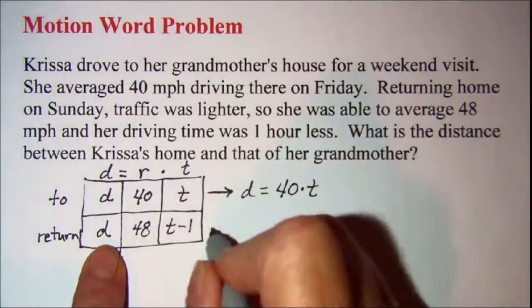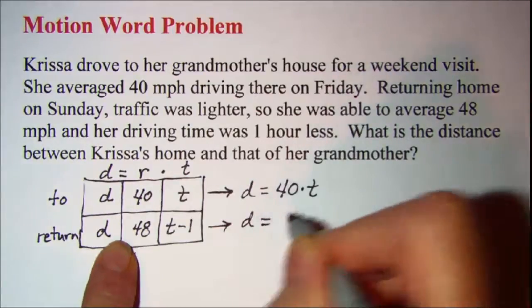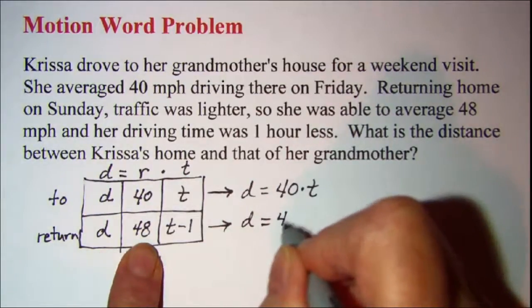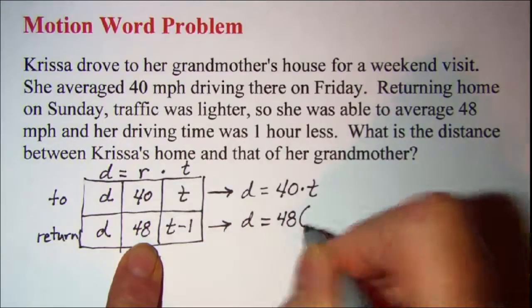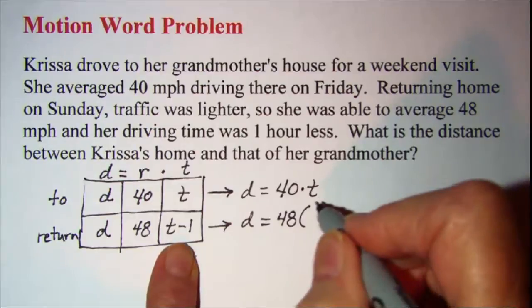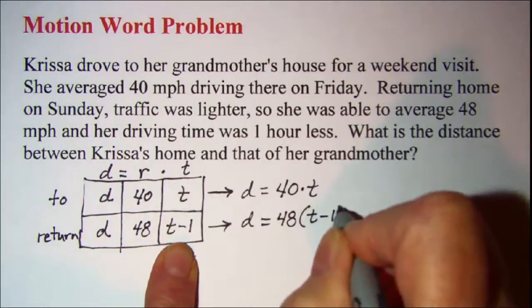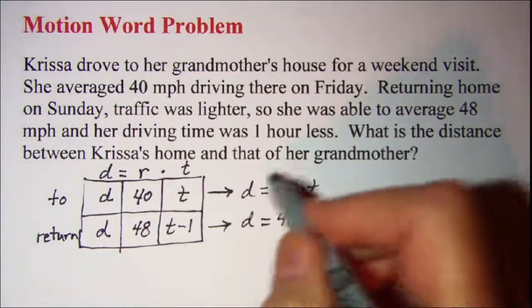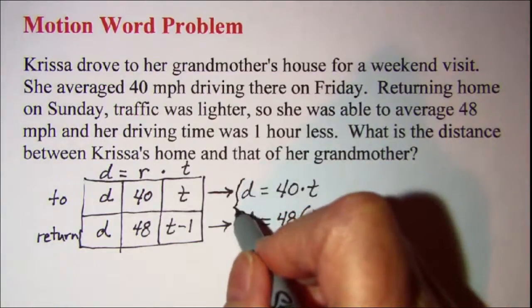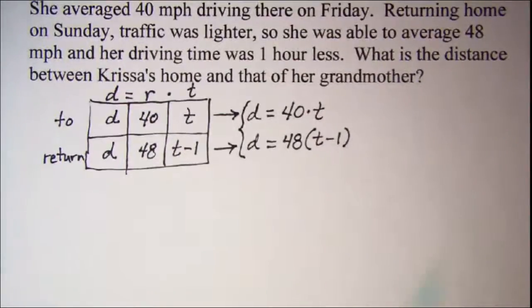My second equation is D equals 48, and I need parentheses around this time since it's more than one term. It's a binomial, T minus 1. So these are my 2 equations that I need to solve, and I'm going to solve those simultaneously.